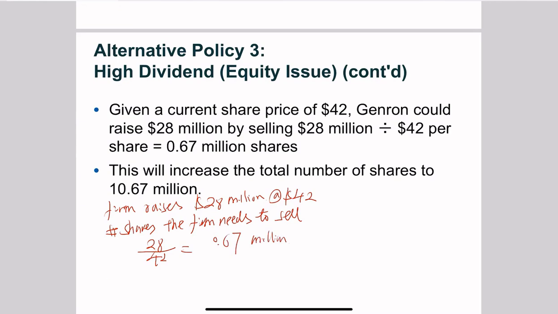And then you can see that the number of shares after this issuance would be given by the original number of shares plus the newly issued shares. So this gives you 10.67, right? And now let's do this valuation here. So again, let's draw out the timeline.